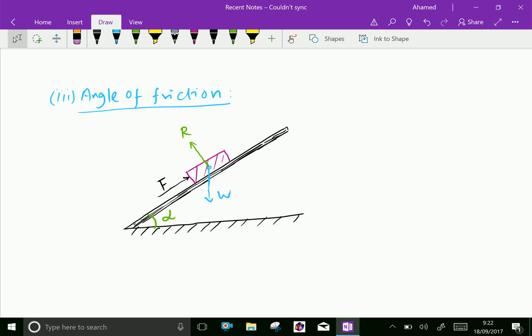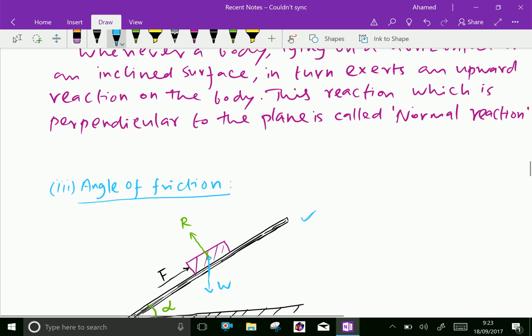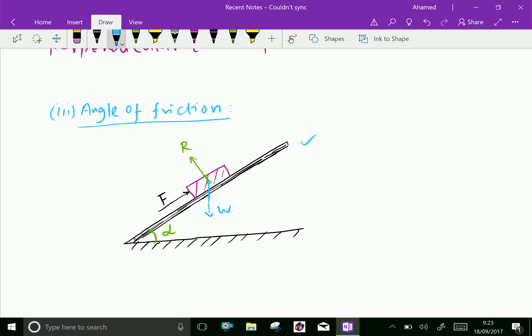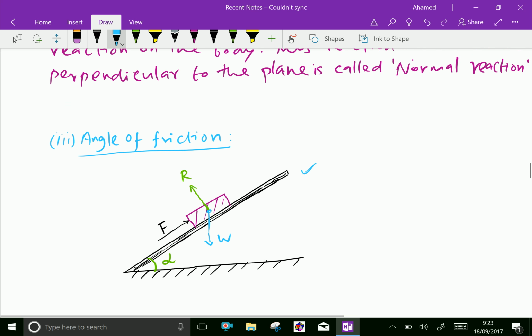Third one, angle of friction. Consider this figure, which is an inclined surface lying on the ground. Now consider a body lying on that inclined surface. Here the R indicates the normal reaction between the body and the inclined surface, and W, which is downward, is the force, meaning the weight of the body.